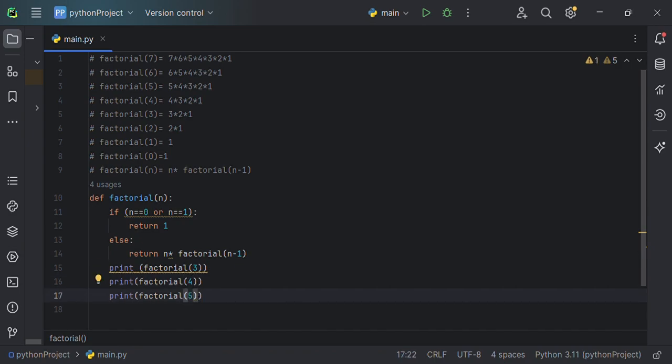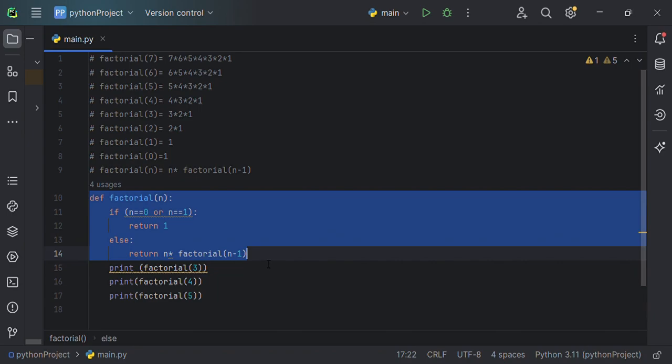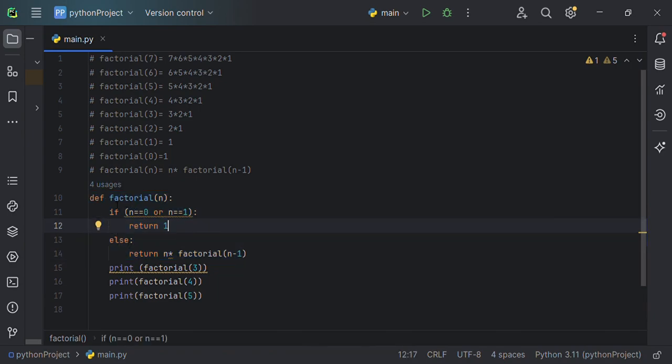Here, let me explain what I've done. We define a factorial function of n, and we say that if n is 0, return 1, or if n is 1, return 1. In these two conditions the answer will be 1.